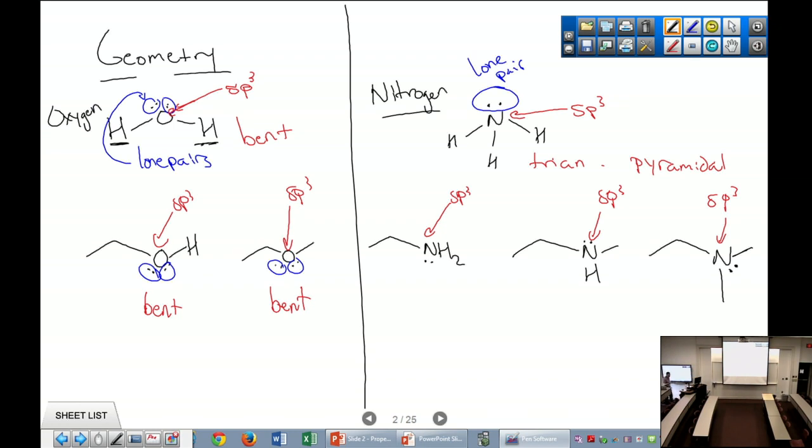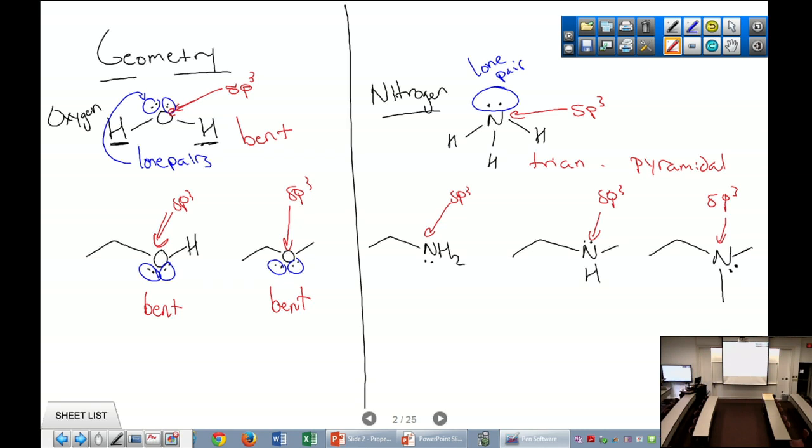Right? If you look at an alcohol, again, the oxygen is sp3 hybridized. I've circled your two lone pairs here in blue, and you replace one of the hydrogens on water with a carbon chain. Doesn't matter what the carbon chain is. So it's basically the same thing as water, and again, the geometry that you get is bent.